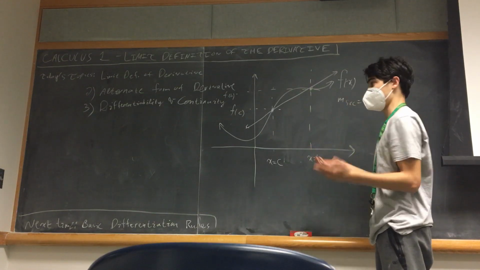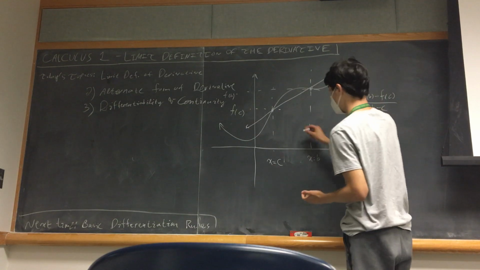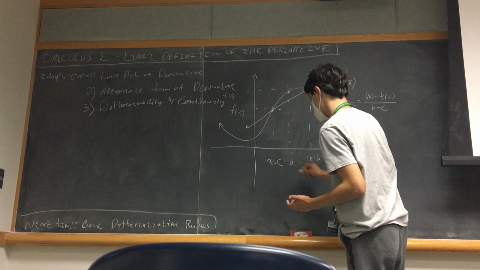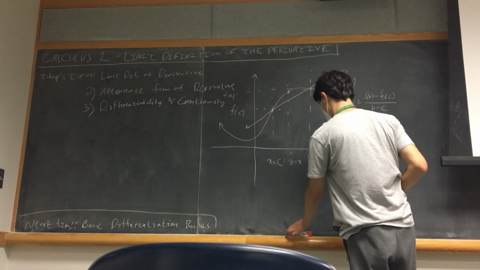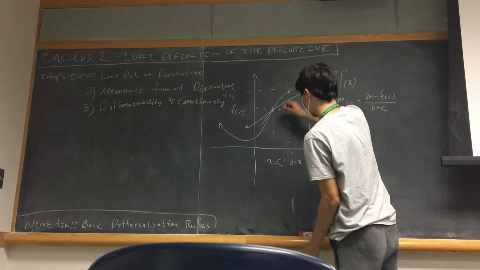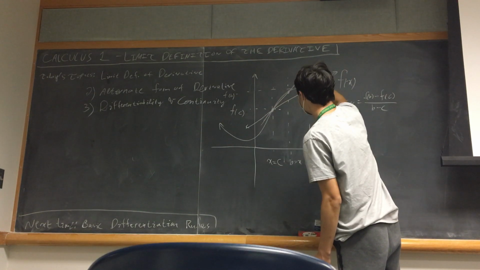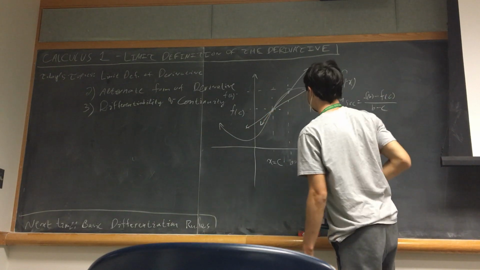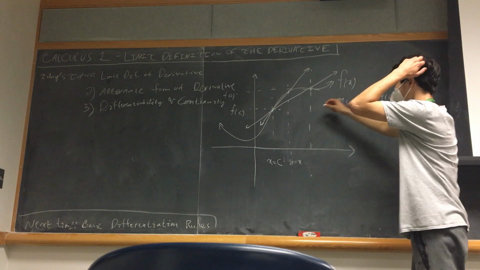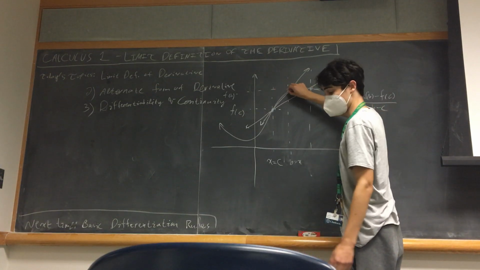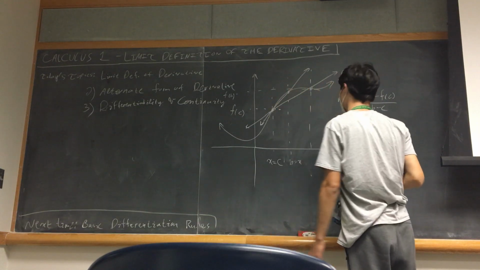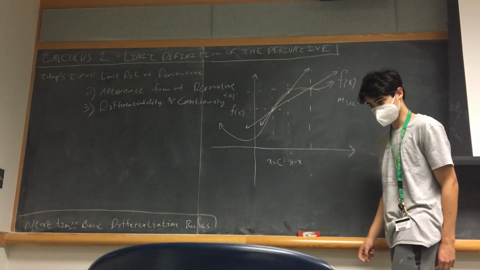It doesn't look too good. So how could we make it better? Well, we could slide our point b to here. So this is our new x equals b. So now we draw a new secant line, and the slope of this secant line would be f of b, which is now this point here, f of b minus f of c over b minus c.